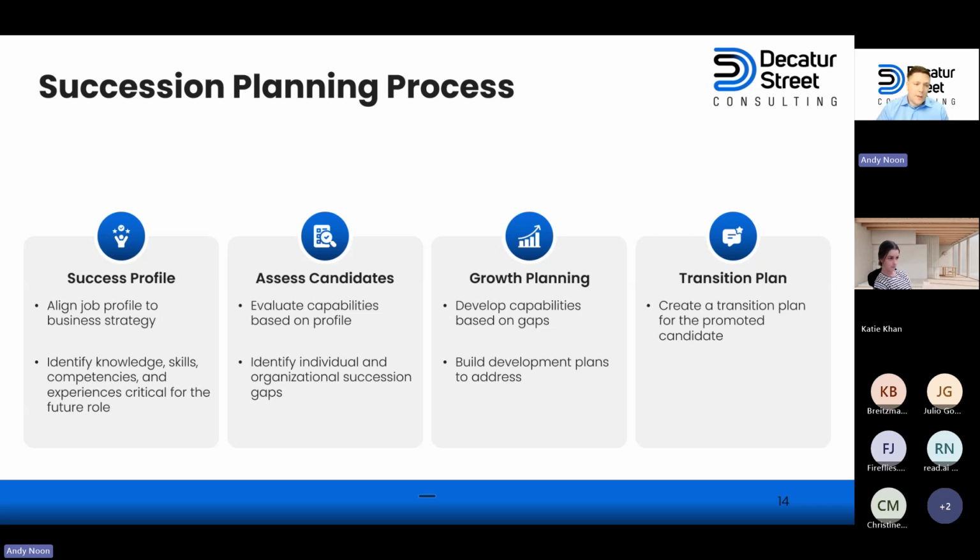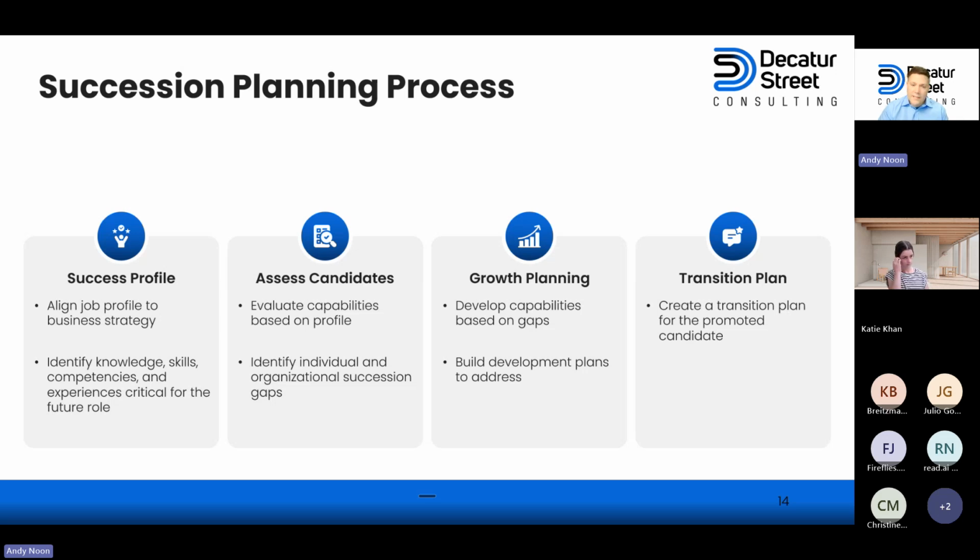So what do we typically do? We want to make sure that we're clear about the success profile. The success profile can be something very specific for an individual job, or maybe it's a leadership model that you use that is indicative of success in your organization from a leadership standpoint.